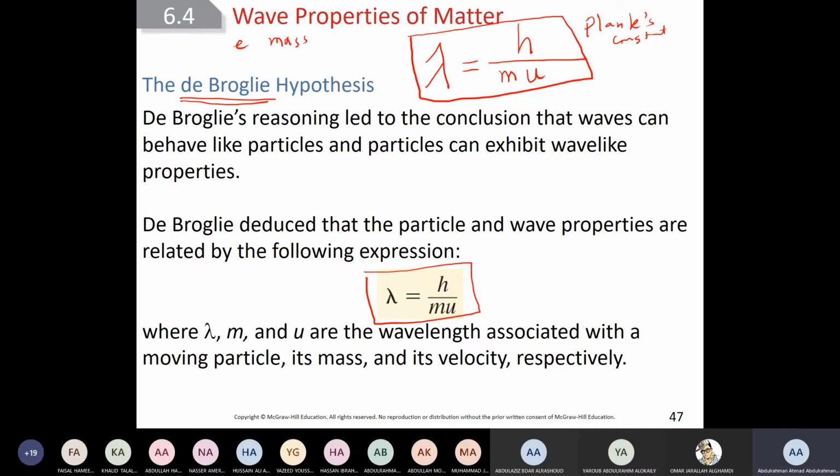The mass is m and the speed is u. If you have an electron and it is a particle, then it will have a mass and certain speed. You can change this mass and speed into a wave.